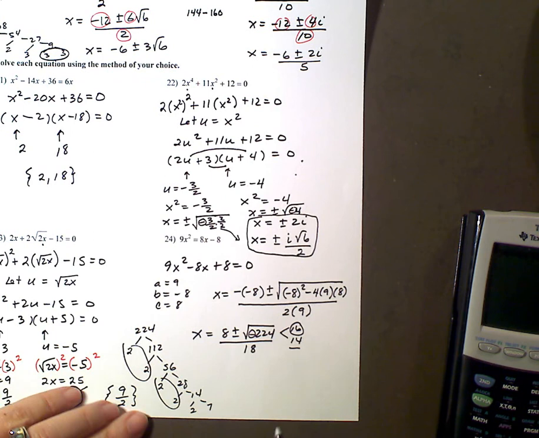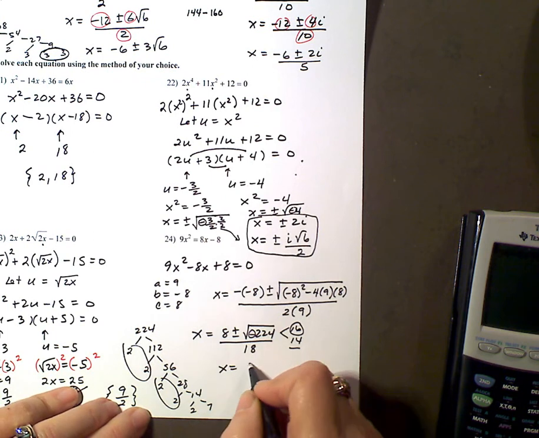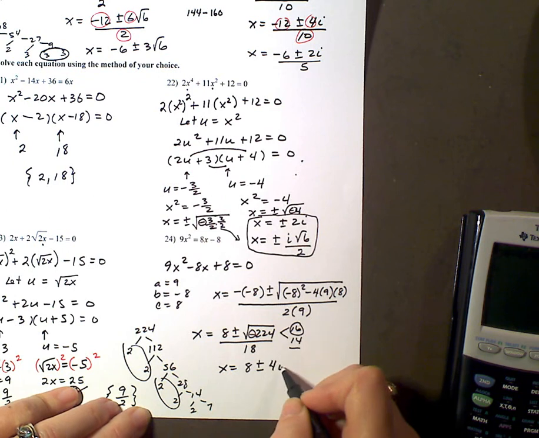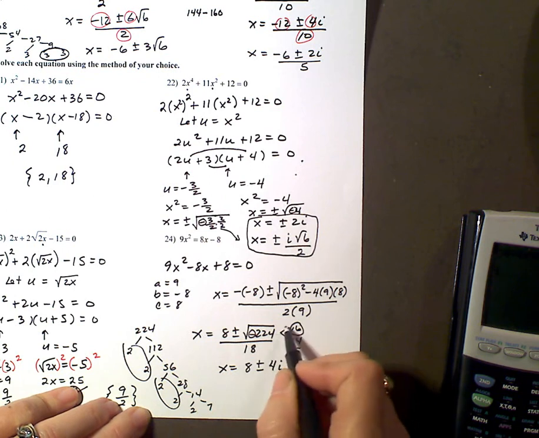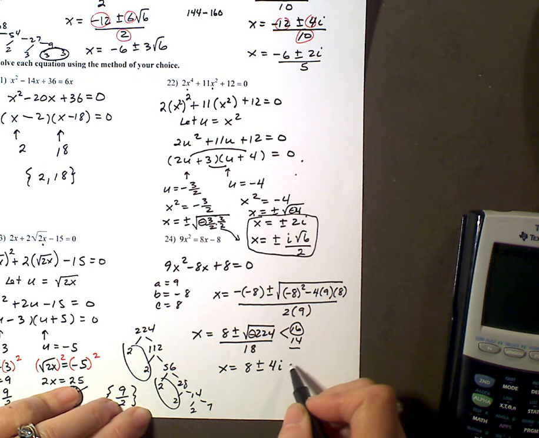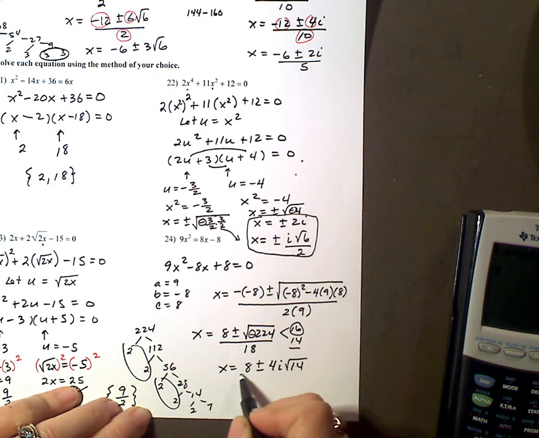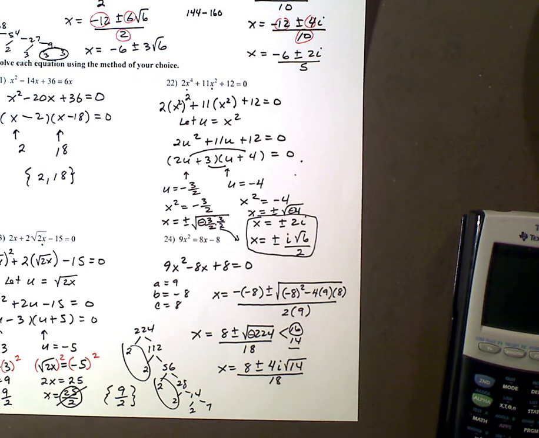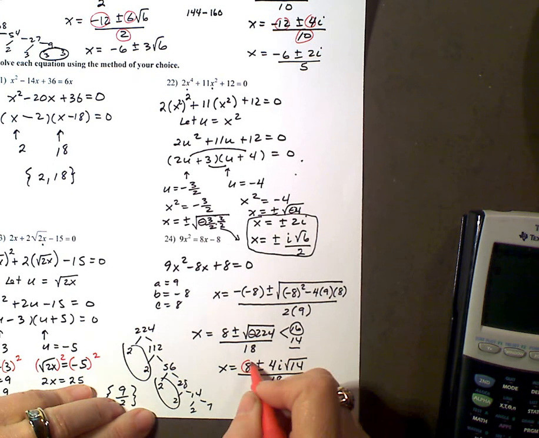So I get x is equal to 8 plus or minus 4i, because the square root of 16 comes out and the i, and the 14 stays in, all over 18. So I do have a common factor of 2 in the rational terms.